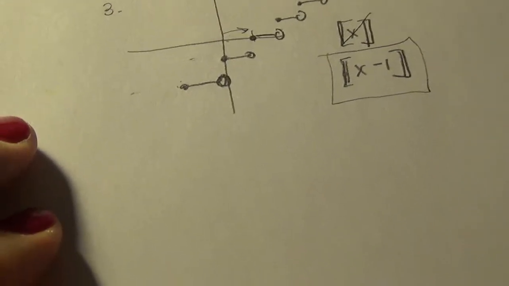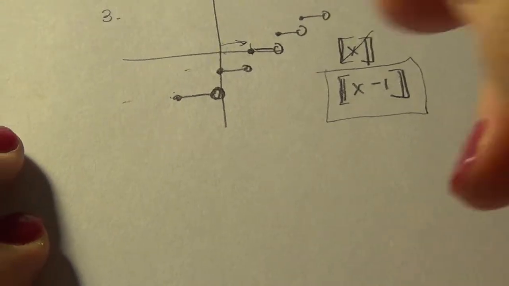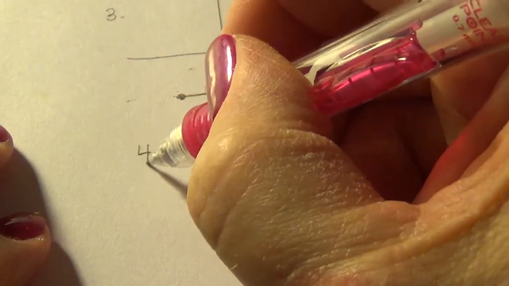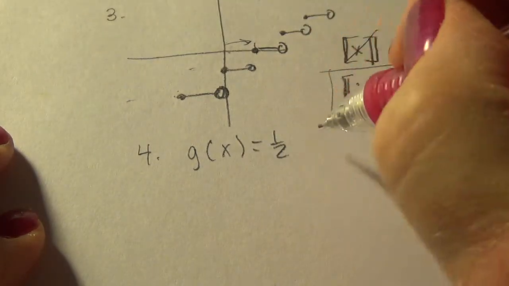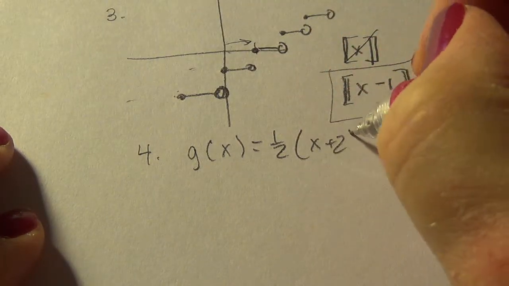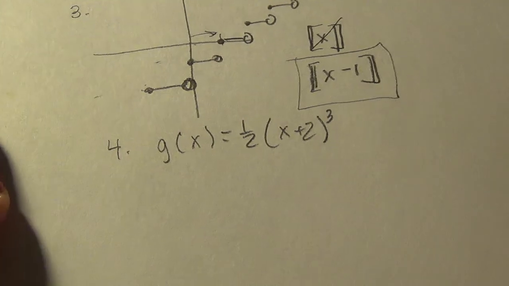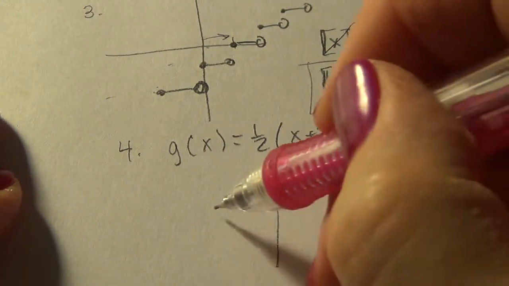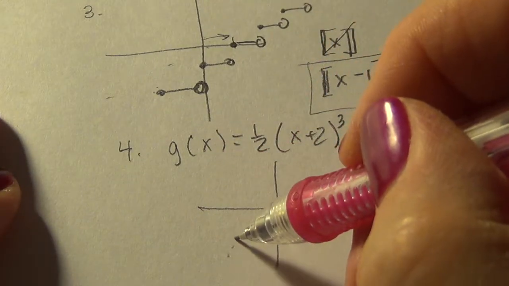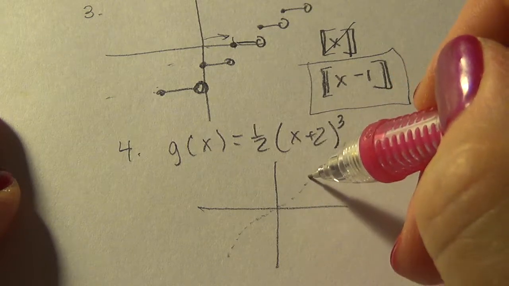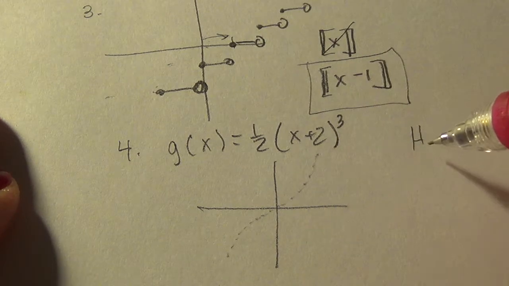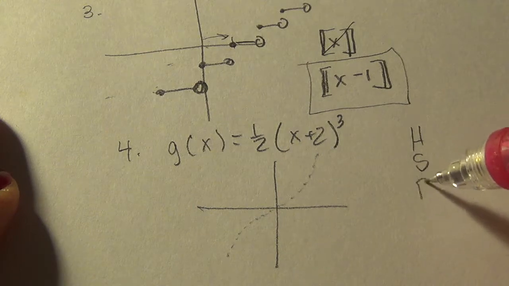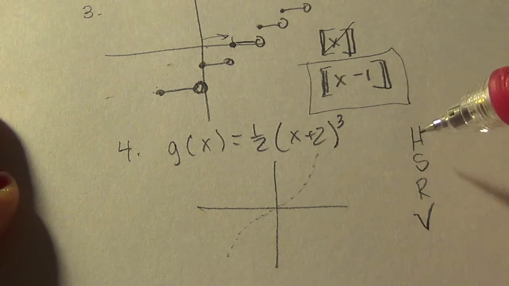Alright, number 4, another one to graph. g of x equals 1/2 times x plus 2, quantity cubed. So on this one we start with the parent, which is the cubic, and we're going to do headstrong, rebellious, and violent.